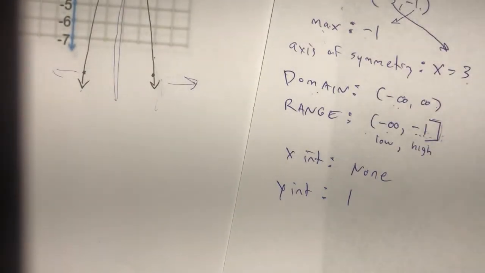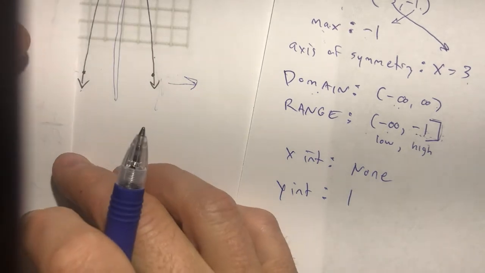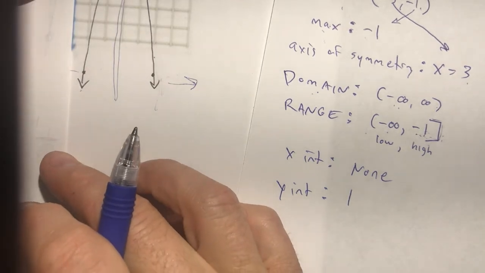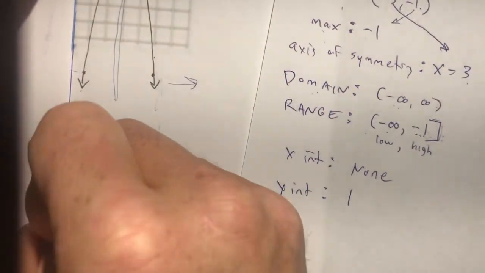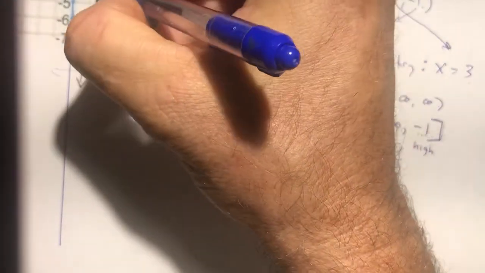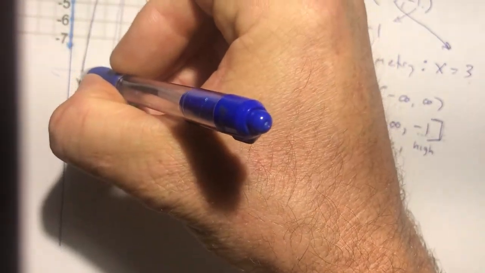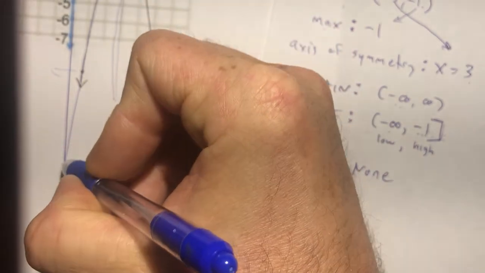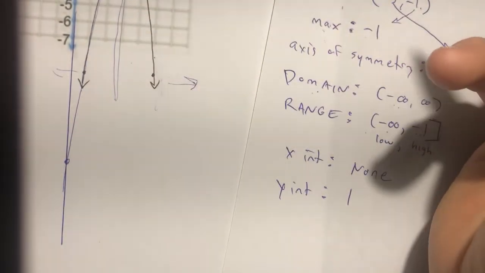So if you just look at this here, I'll see if I can try to draw it real straight and figure out what the y-intercept is on this one. So I'm going to put this paper on here, and I'm going to just continue this on down. Okay? All right. And then I'm going to continue my curve. My curve's going to be going like this, and I'd say it's going to hit about right there is what I would say.